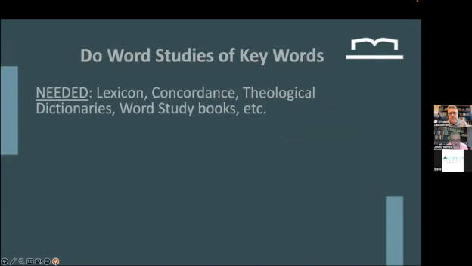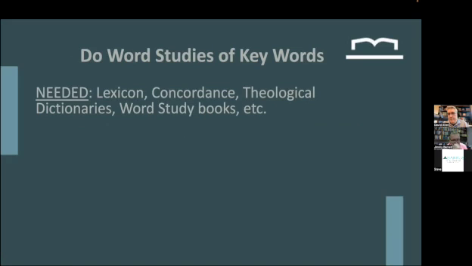In order to do word studies, you need certain tools. You need a lexicon. You have to have an English-Greek lexicon so you can do good word studies. You need a concordance so you can see how many times that word occurs in your book, and how many times it occurs in the New Testament. Also, you need a good theological dictionary, like Colin Brown's Dictionary of New Testament Theology, a good three-volume dictionary.